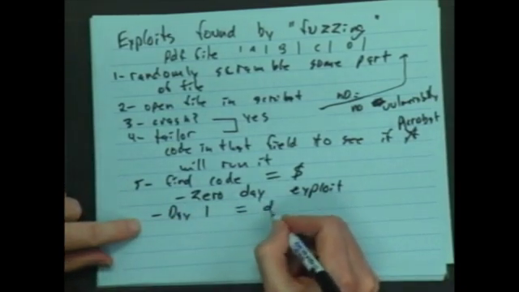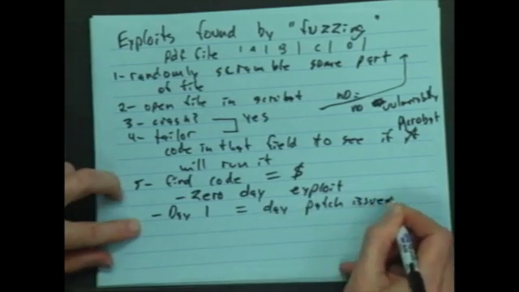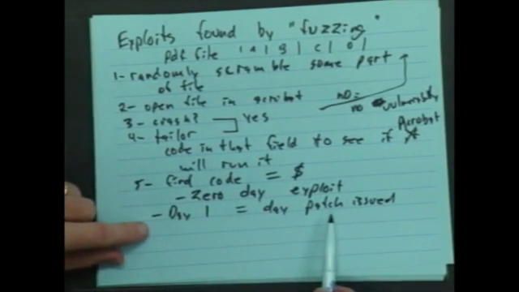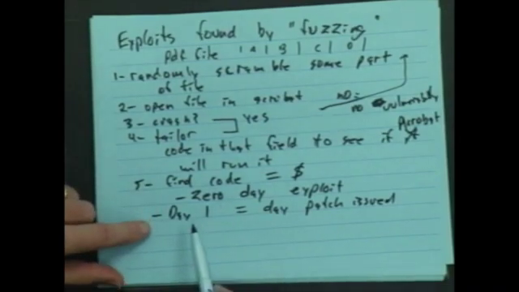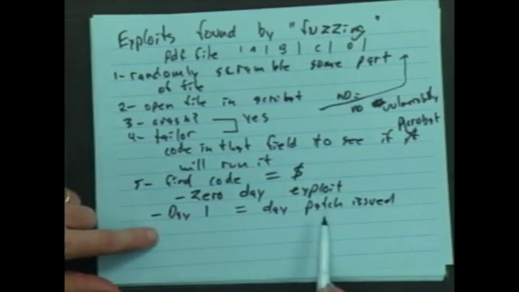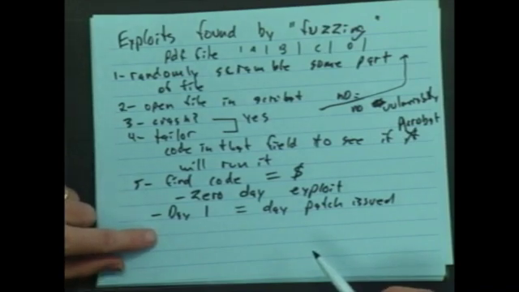Day one is the day the patch is issued. So if you're the one that found it, there is no patch issued. That's why it's 0-day. You're on day 0. On day 1, speaking of this also, if someone issues a patch, so for example, every Patch Tuesday, I think it was last week or the week before, Microsoft issues all the patches they have for the preceding month.